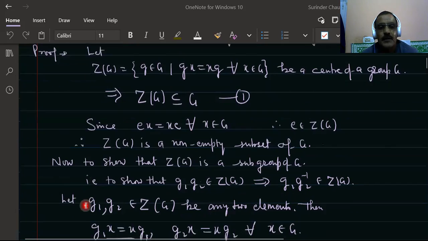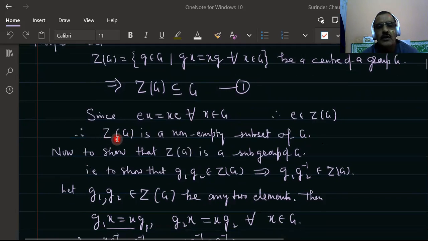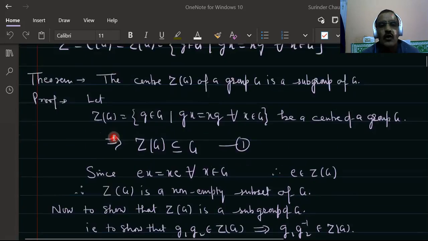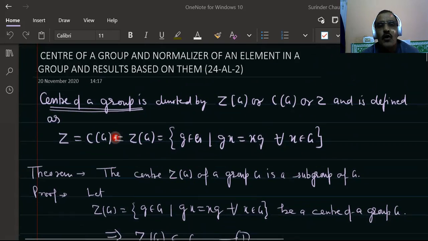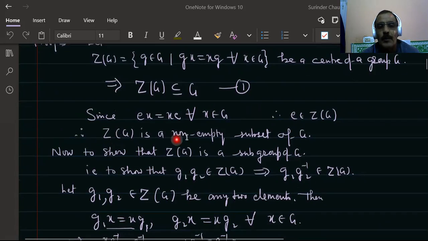Now this means Z(G), the set of the center of a group, is a non-empty set of elements, since the identity element commutes with all the elements of G. Now our aim is to show that Z(G) is a subgroup of G, so we use the lemma.